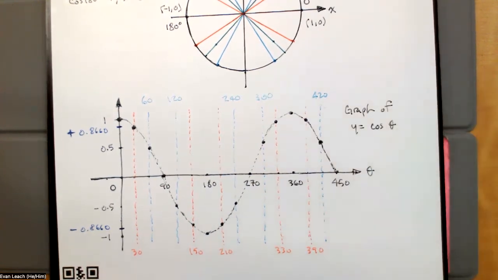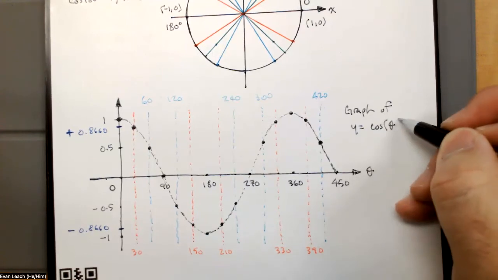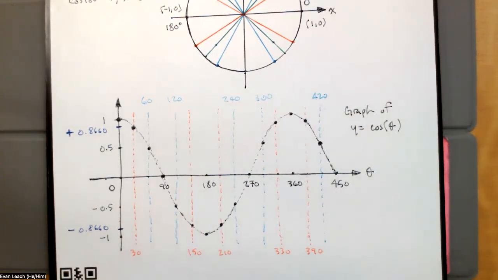And so there's the graph of y, well, it's one part of the graph of y equals cosine of theta. Is everybody okay?